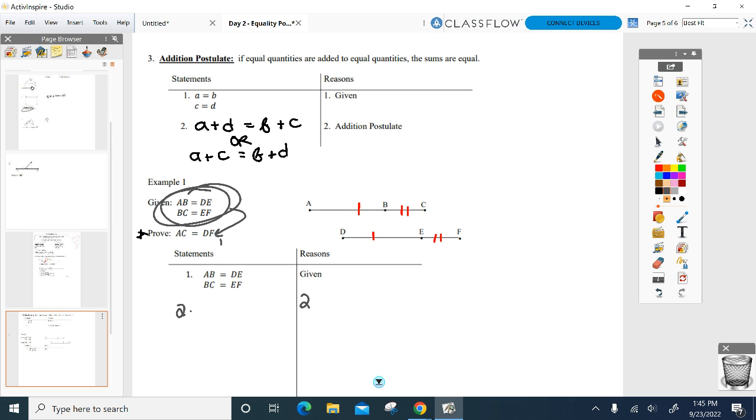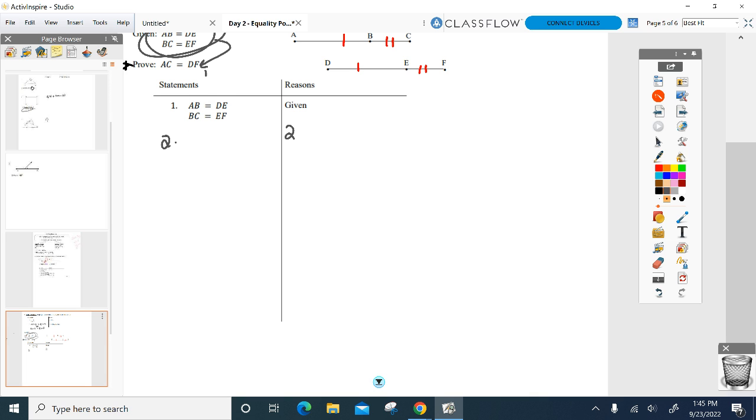What are you adding together? AB plus BC. You're adding BC to it. And you're telling me that's the same as if I added DE plus EF. That is a true statement because of what? Addition. And that's your reason. Addition. That's true.